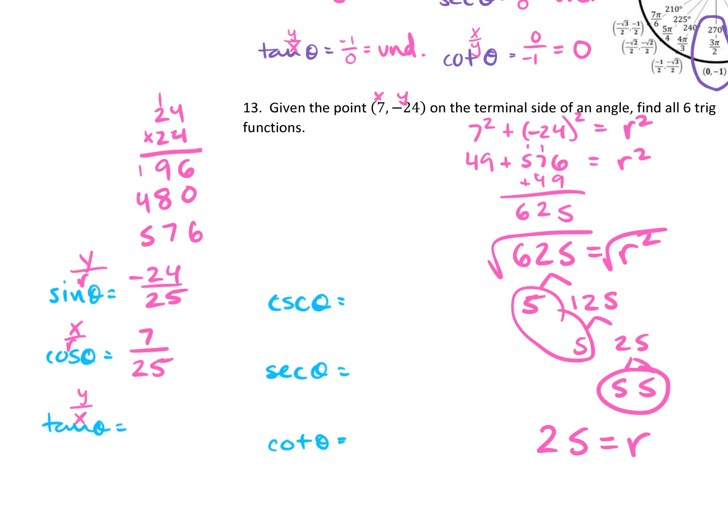Can't simplify this. Tangent would be y over x, so that would be negative 24 over 7. Can't simplify that either. Now we can take our reciprocal functions. So 25 over negative 24, 25 over 7, and 7 over negative 24. So these would be our 6 trig functions.